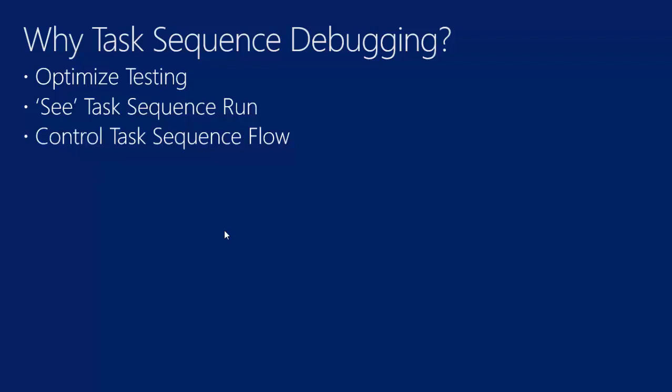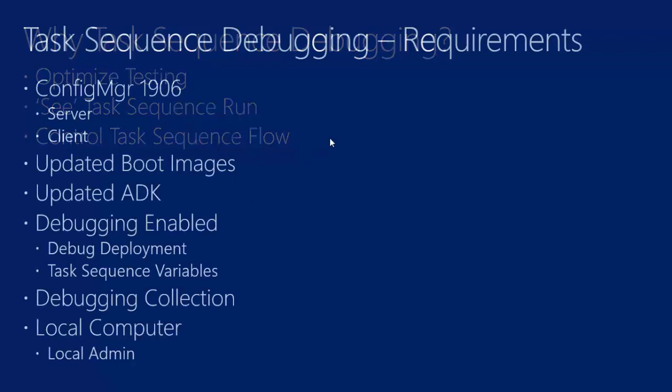It may be not at all because the task sequence is a problem, but more because you didn't let the steps run ahead of time that needed to run in order to configure something in the environment, like a task sequence variable. But you do have the ability to control exactly where you jump in the task sequence.